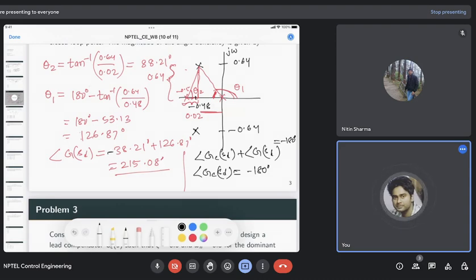Because these are poles, this angle contribution will be negative, so let's correct this.